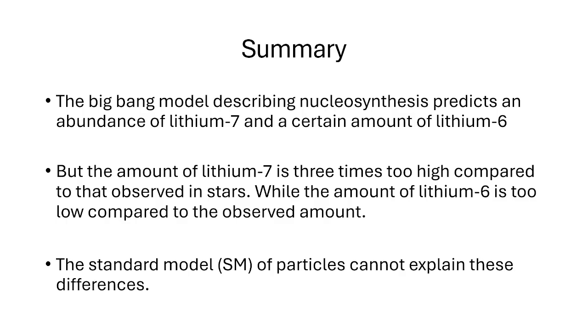But the amount of lithium-7 is 3 times too high compared to that observed in stars, while the amount of lithium-6 is too low compared to the observed amount. The standard model, SM, of particles cannot explain these differences.